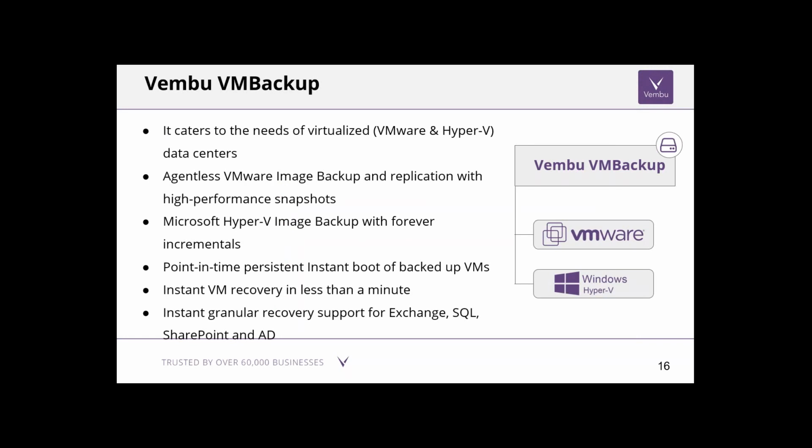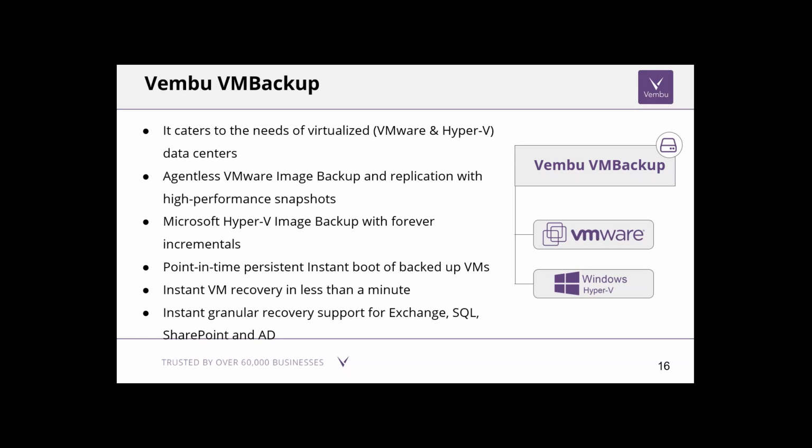Let us focus on VMBackup for this particular webinar. As I said earlier, it caters to the needs of data centers which have VMware, Hyper-V, and physical servers like Windows servers, desktops, and laptops.